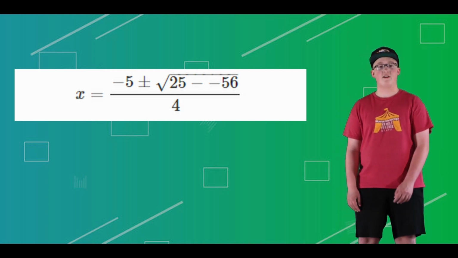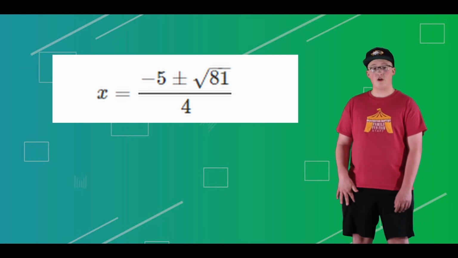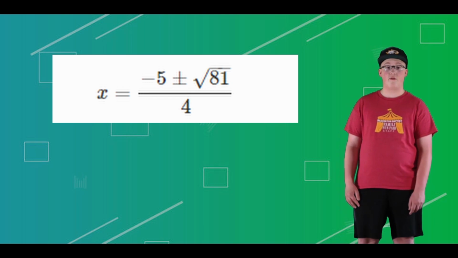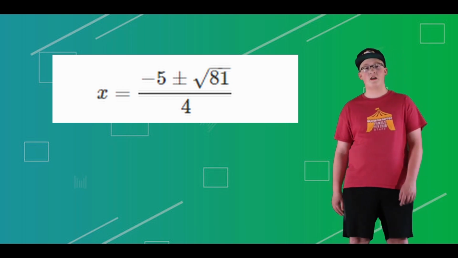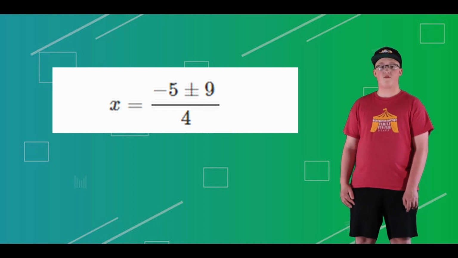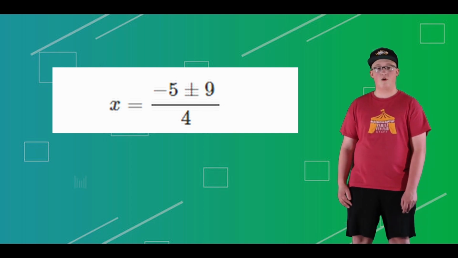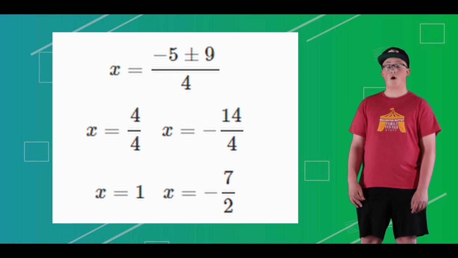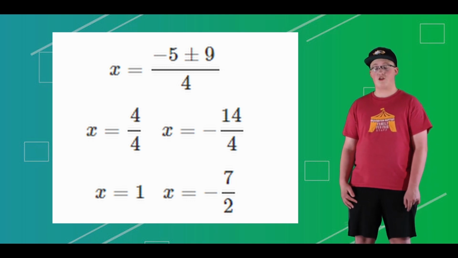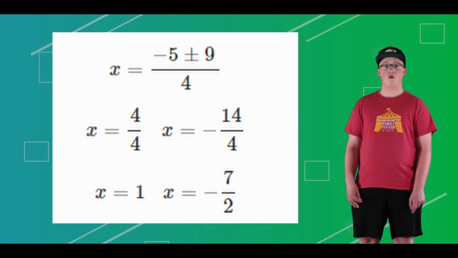We can simplify this again to -5 plus or minus the square root of 81 all over 4. We can then simplify it again to -5 plus or minus 9 over 4, which equals either 1 or -7 over 2, and you have two numbers because it's plus or minus.